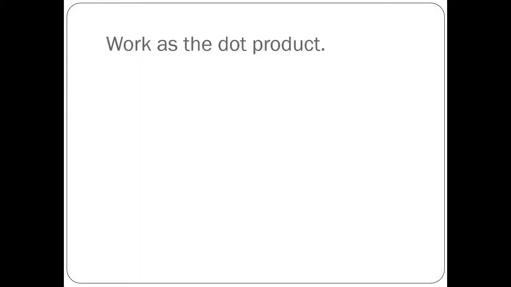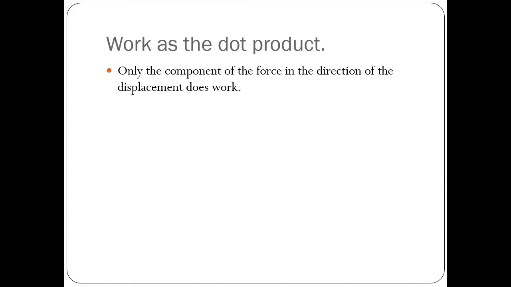Well, since the force and the displacement are vectors, the way that we define work for a vector force exerted over a vector displacement is as the dot product of the two. Remember, there's two different definitions of the dot product, and one of them matches perfectly our definition for work.